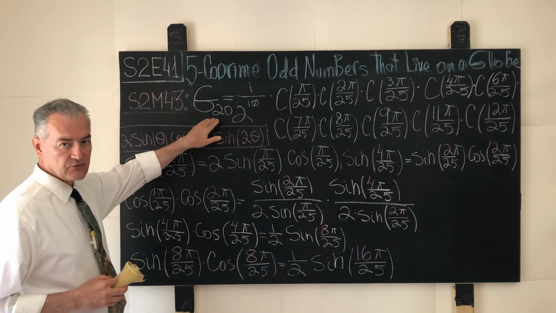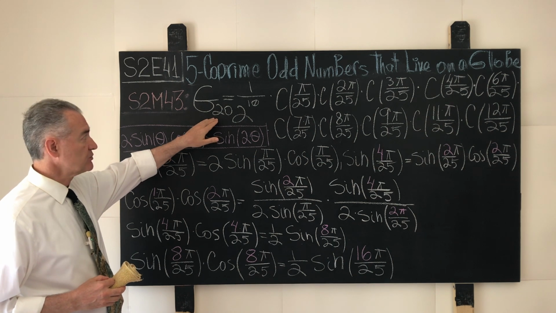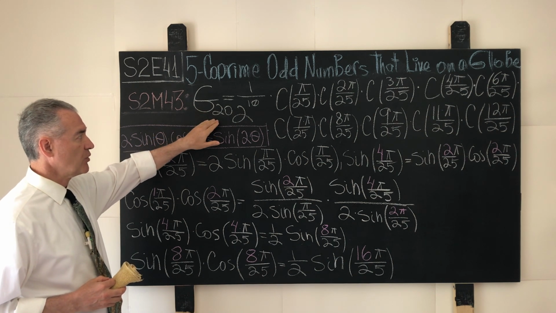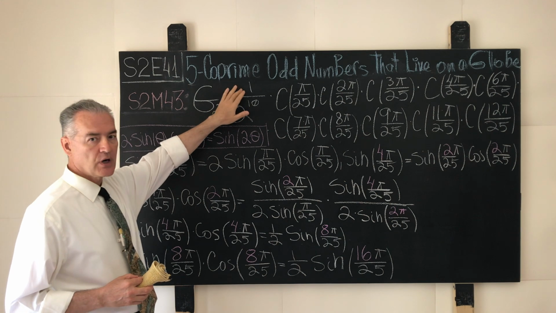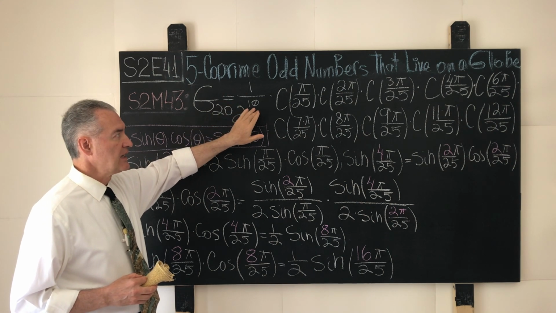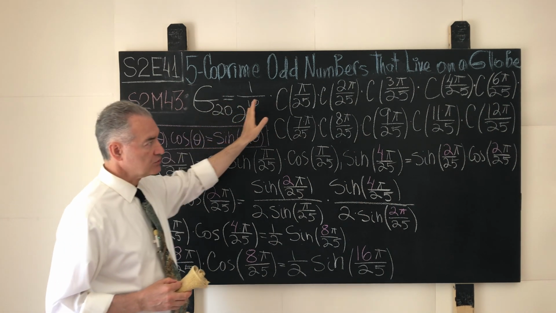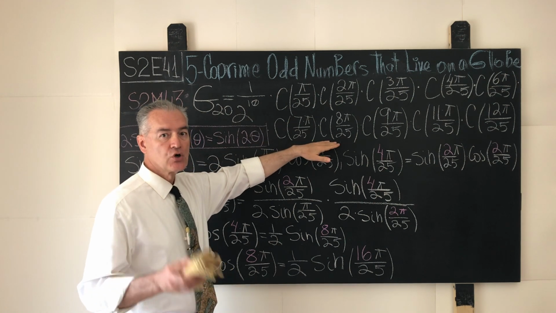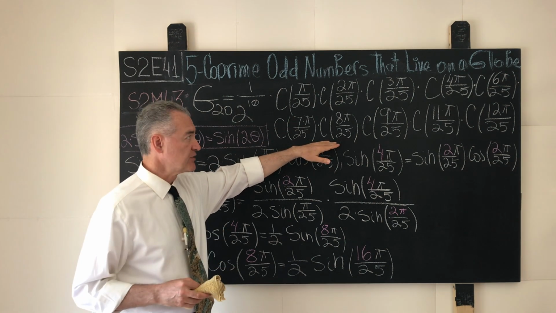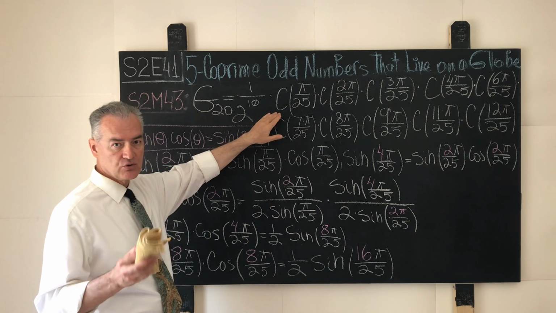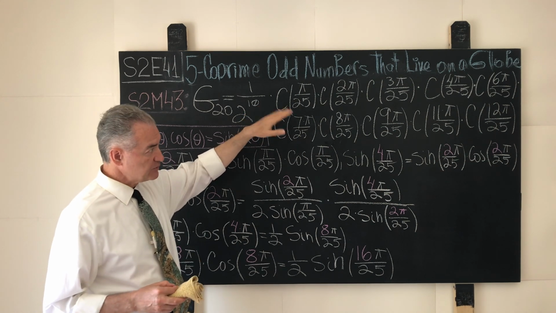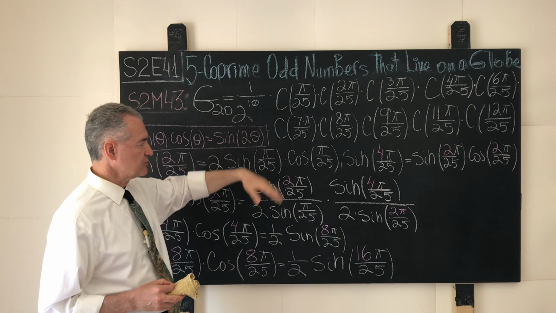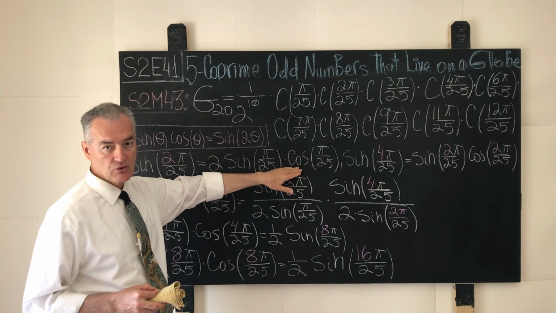Our product of 20 cosines, which I designated as g sub 20, right now is equal to 1 over 2 to the 10th power times the product of the following 10 cosines, which we obtained in the previous segment. I used the letter C in order to save some space. Basically here C stands for the trigonometric function of cosine.